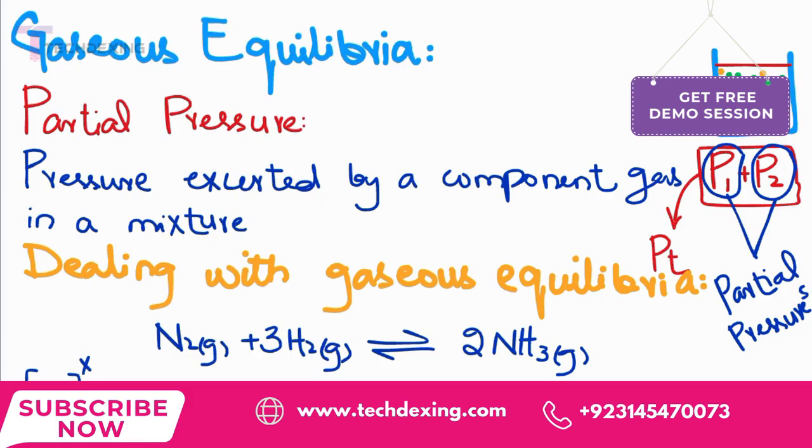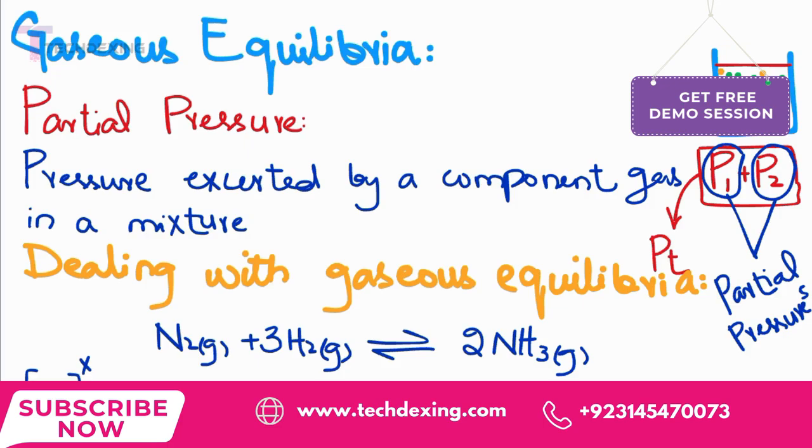But when you are going to use partial pressures in the equilibrium constant expression, we basically use the letter P for the partial pressure, and the symbol for the chemical compound, whether it is a reactant or a product. First, I would write the partial pressure notation for nitrogen.